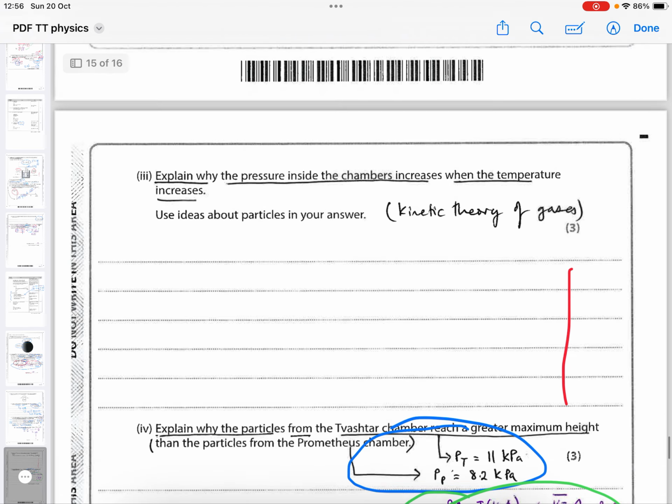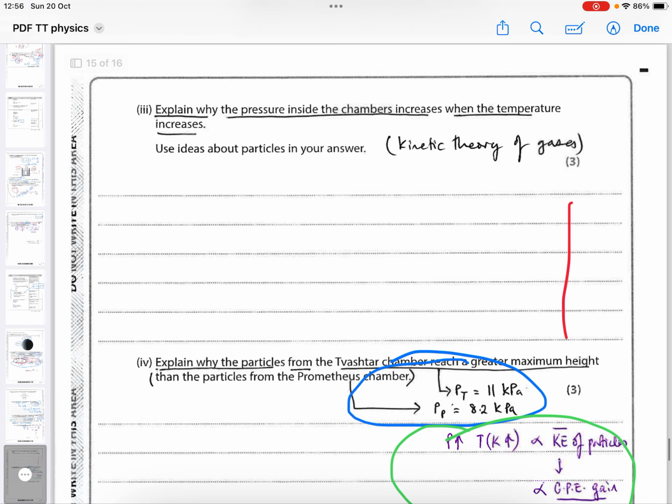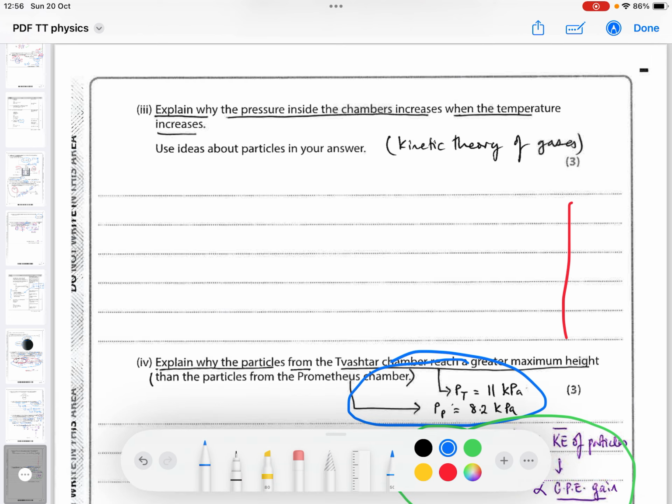Okay. Finally, it then says, explain why the pressure inside the chamber increases when the temperature increases. Now they want you to say what happens when the temperature increases. Well, if the temperature goes up, what's going to go up? Kinetic energy goes up. If the kinetic energy goes up, the velocity goes up.